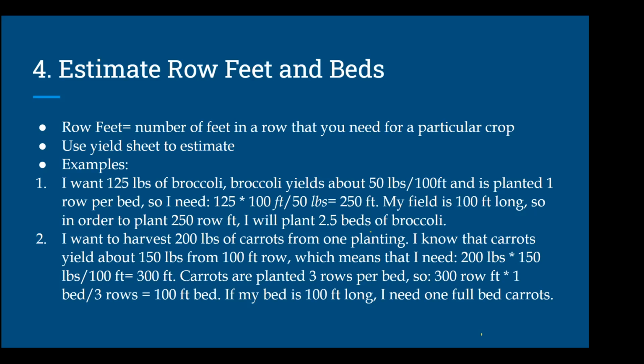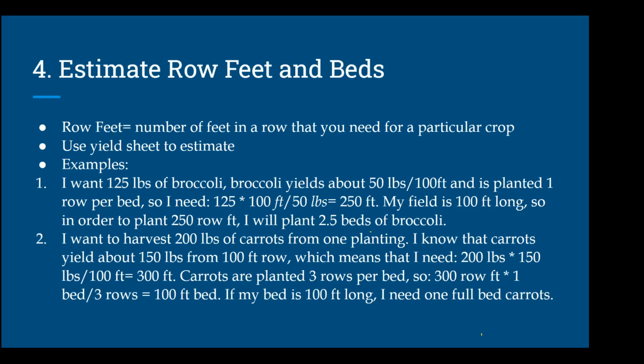So say I want 125 pounds of broccoli. Approximately, broccoli yields about 50 pounds to a 100-foot bed, and is planted 1 row per bed. So the math is 125 times 100 foot divided by 50 pounds.